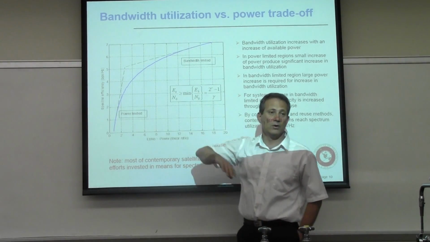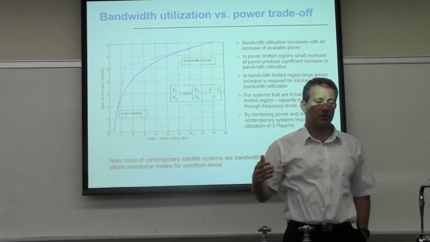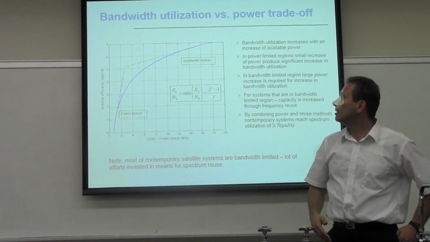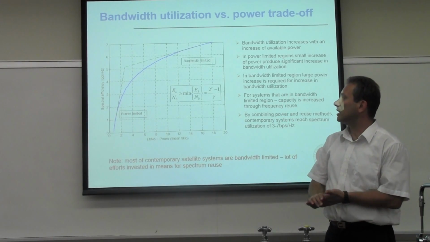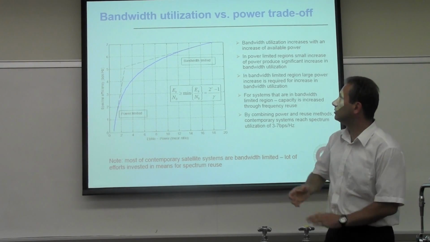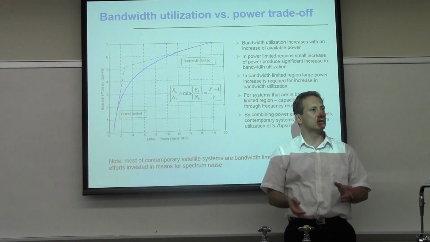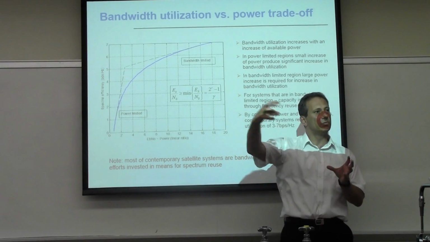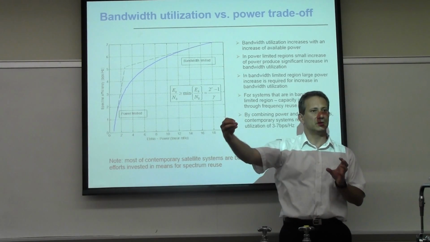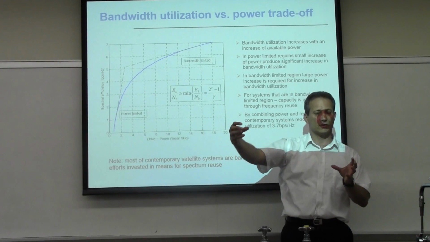Even for geostationary satellites, which are far away, we are most of the time able to get into the bandwidth limited area. Our power amplifiers are good, our antennas are good, so you're actually able to bridge this huge link budget, path loss, right?